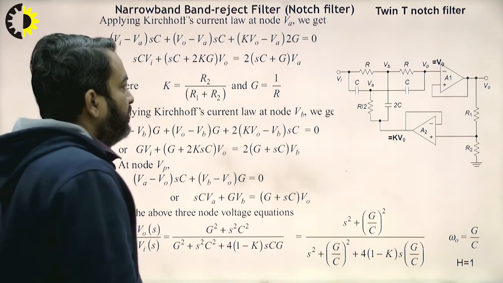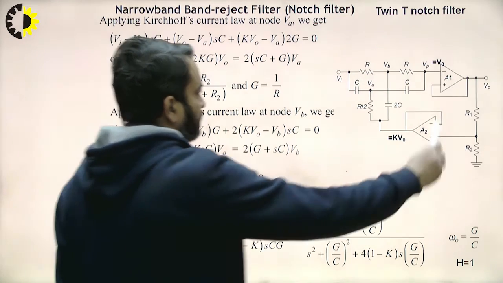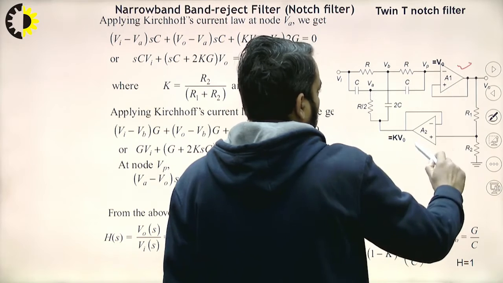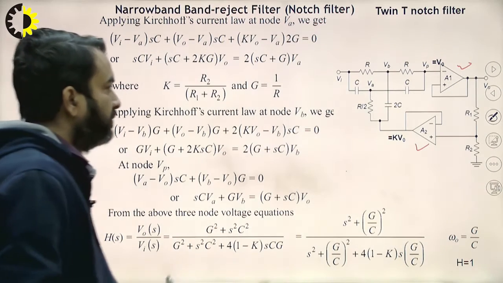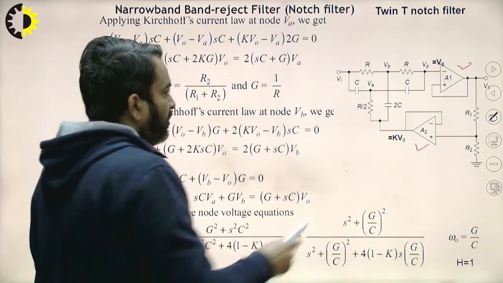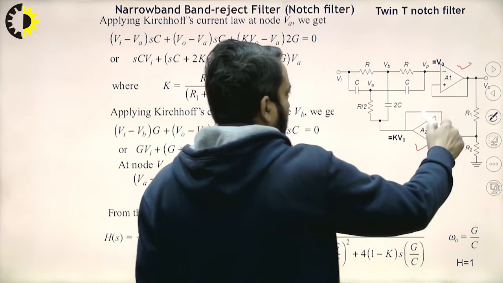Here we have used two op-amps, op-amp A1 and op-amp A2. Note that both the op-amps are in buffering mode.